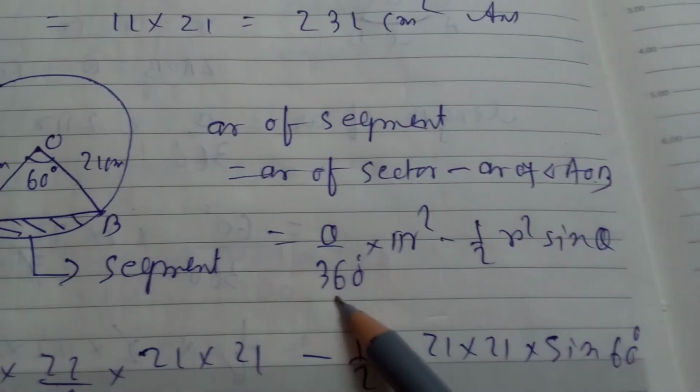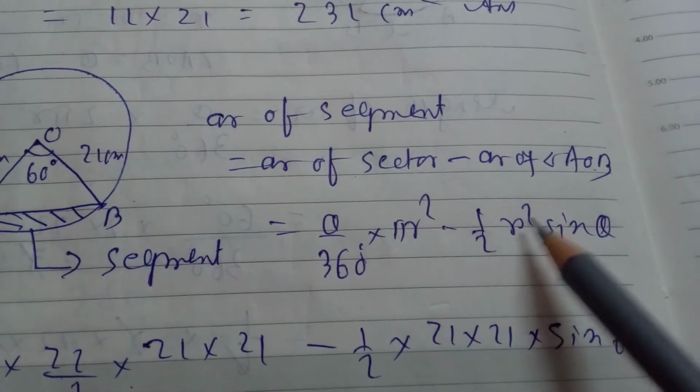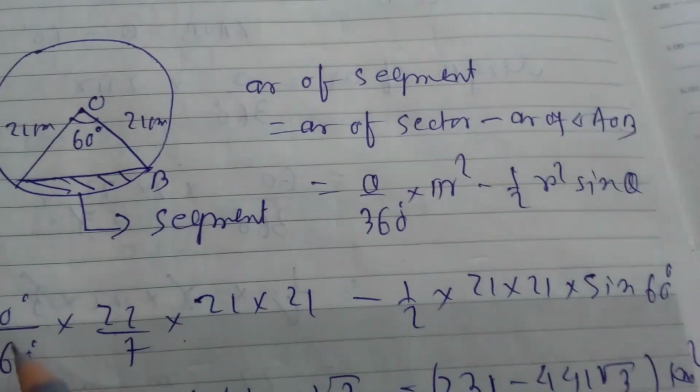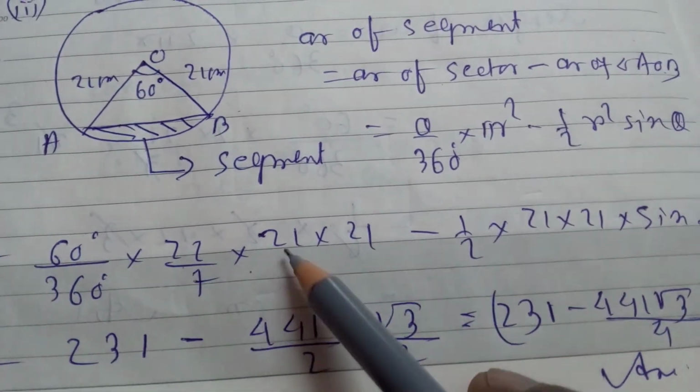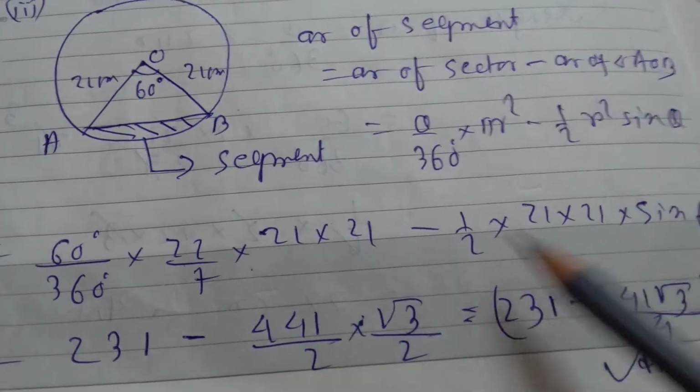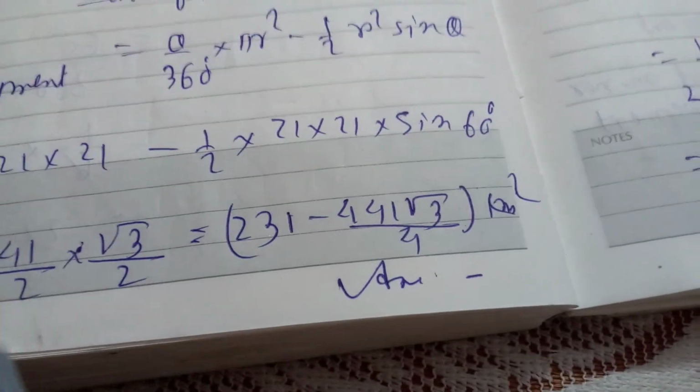So theta by 360 into pi r square minus half r square sin theta. So 60 by 360 into 22 by 7 into 21 into 21 minus half into 21 into 21 into sin 60 degree. Okay.